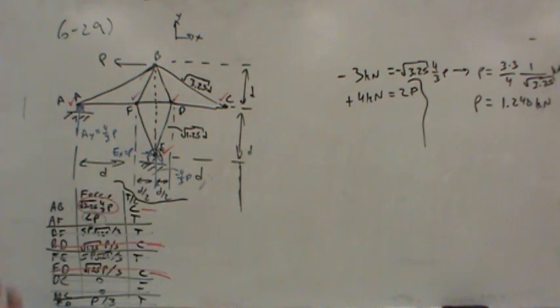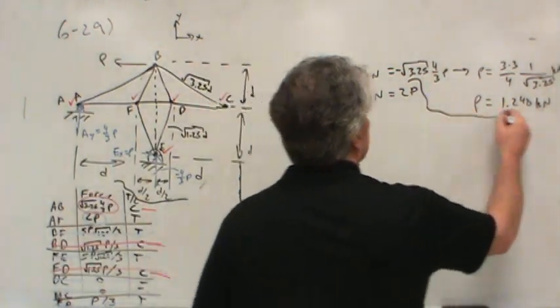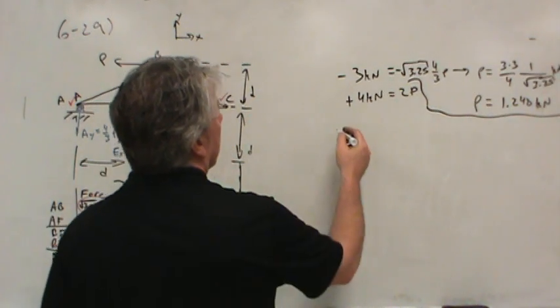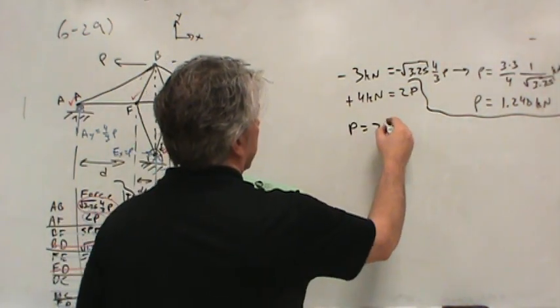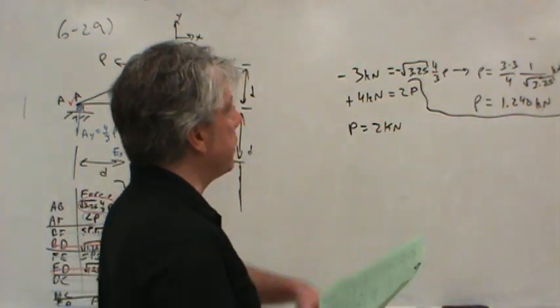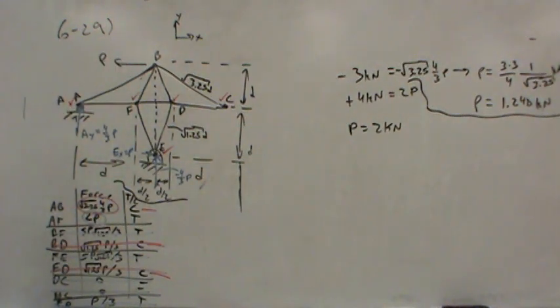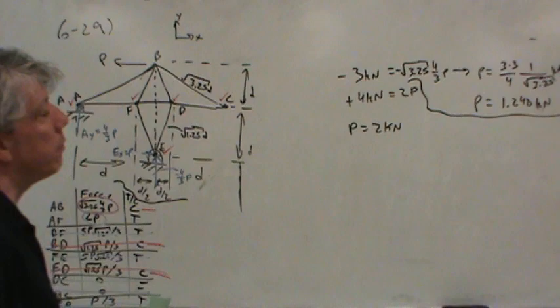Let's see, yeah, that's the only place that occurs. What about the tensile load? Well, that's pretty easy. P equals 2 kilonewtons, right? Just divide both sides by 2. So if P is 2 kilonewtons, it's going to be above this, and we'll have exceeded the compressive rating in member AB.